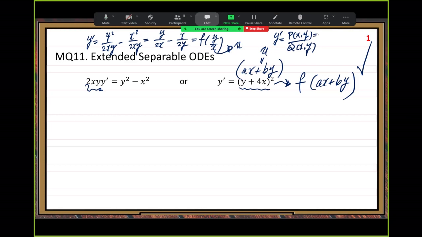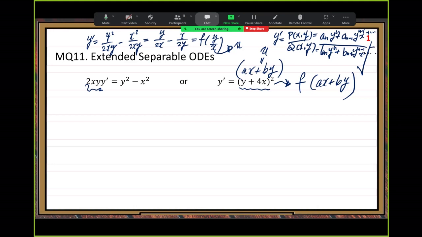P(x,y) is basically a_n y^n plus a_(n-1) y^(n-1) x plus and so on. Q is b_n y^n plus b_(n-1) y^(n-1) x plus and so on.